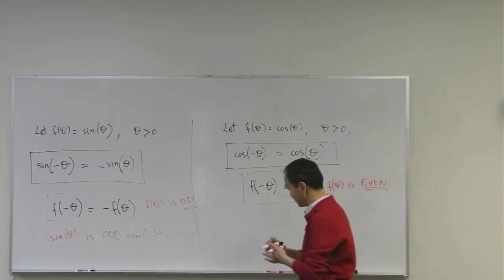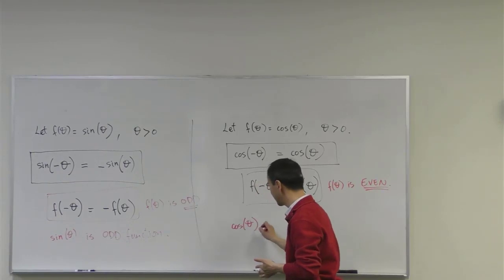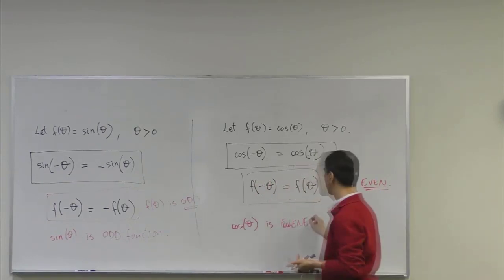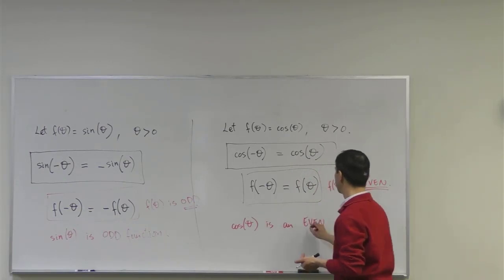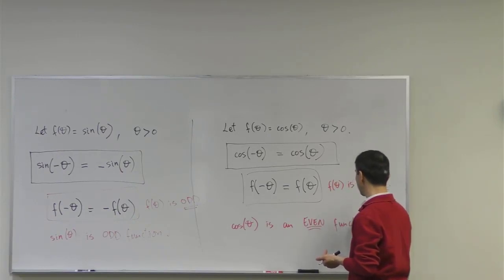So that means cosine of theta is even. There are many even functions out there, and cosine is one of them. It's an even function.